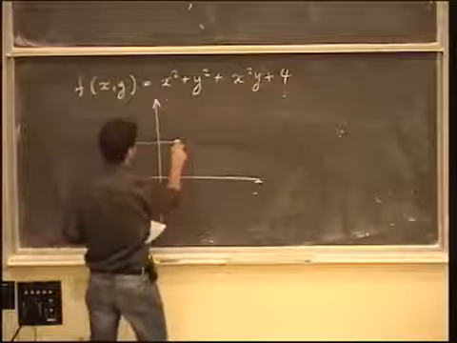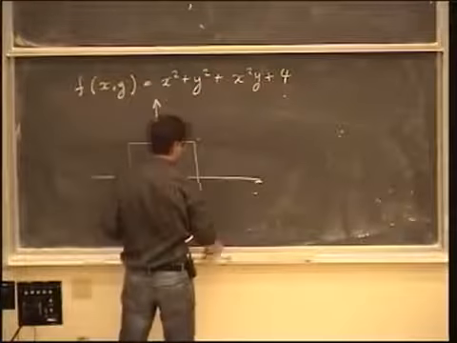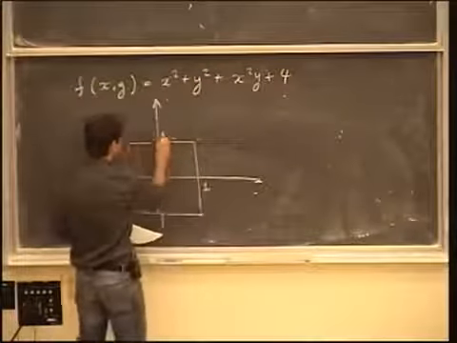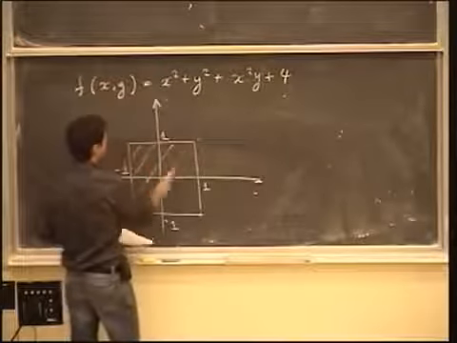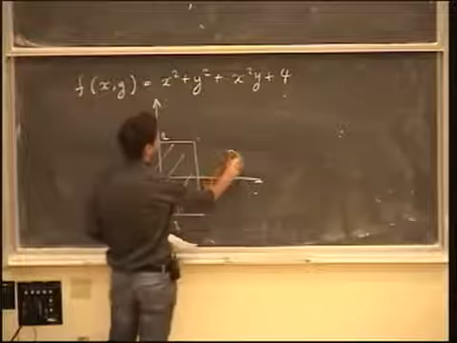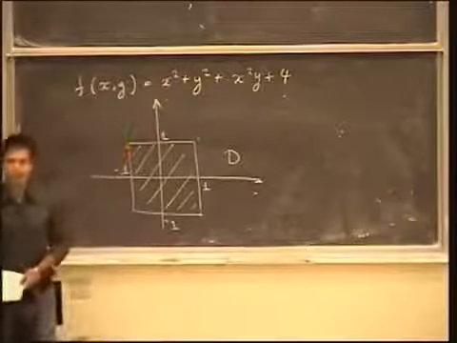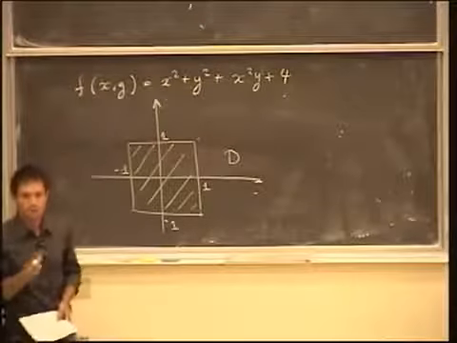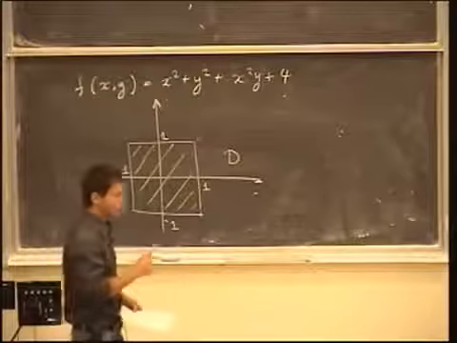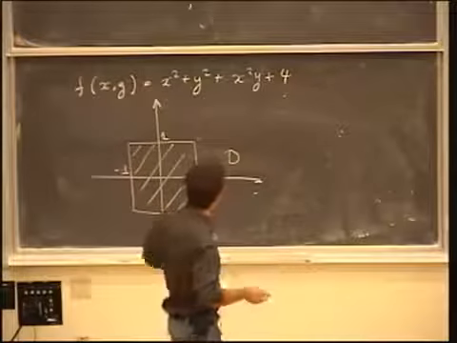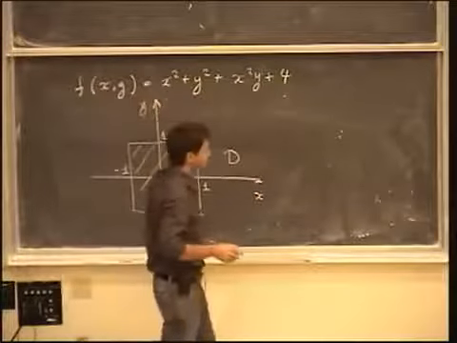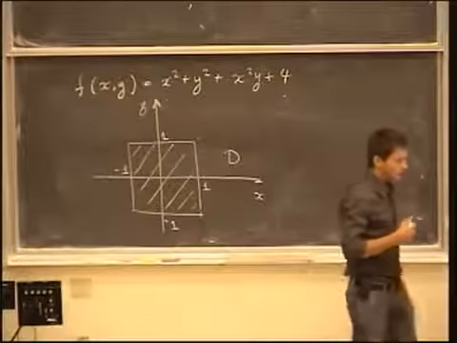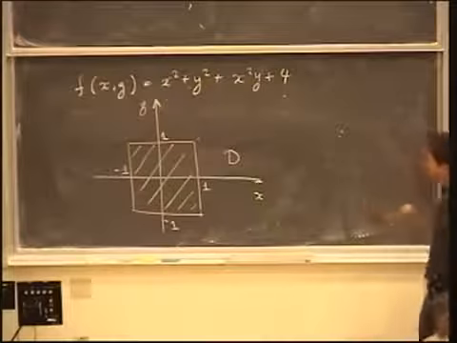It is a square, each side is of length 2, situated on the plane like this. Okay? So we need to find the absolute maximum and minimum of this function.